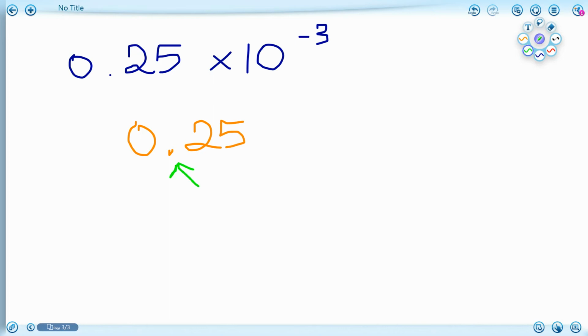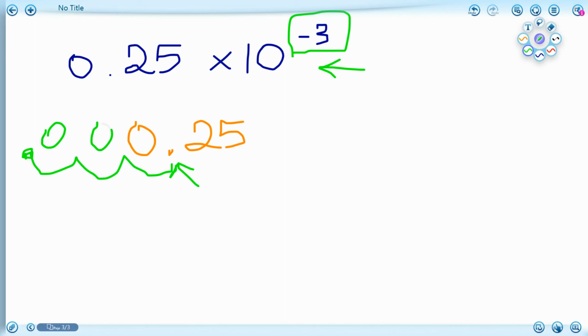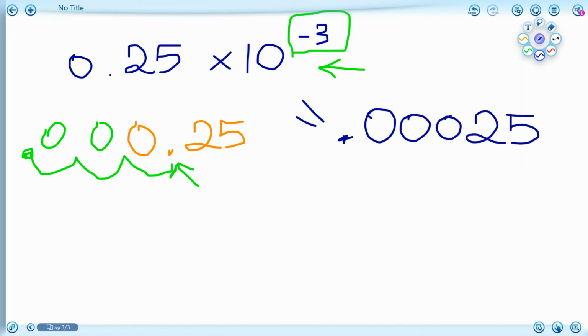This time it's a negative number. If it's negative, we go to our left. So we go left once, twice, and a third time. My dot moved right here, so I fill in the blank spaces with zeros. Our answer now is 0.00025. So that's exactly what we looked at.